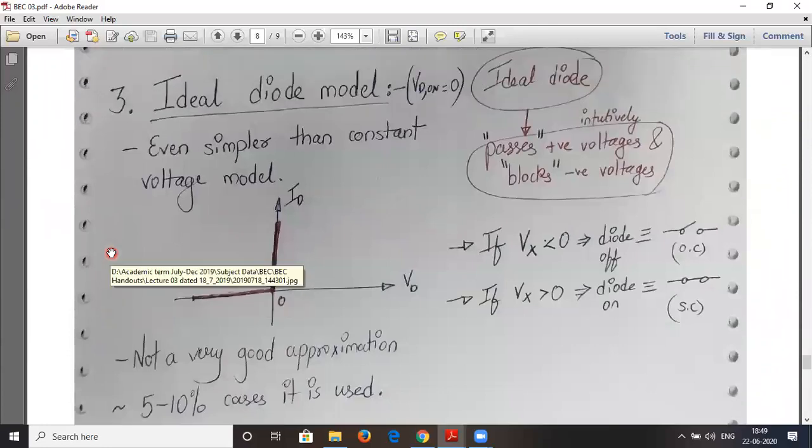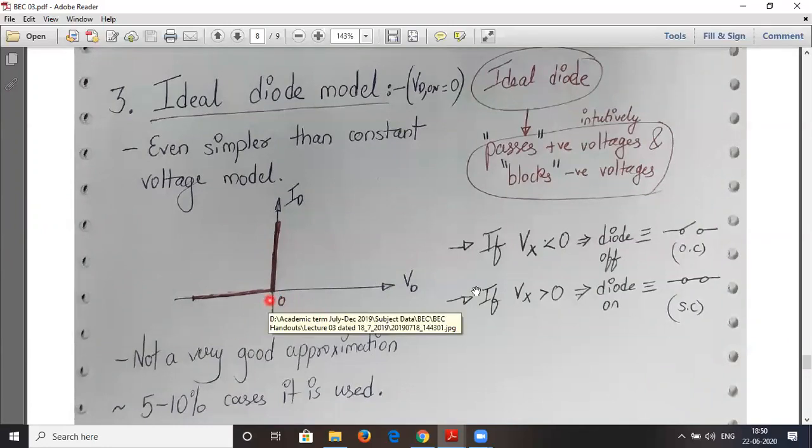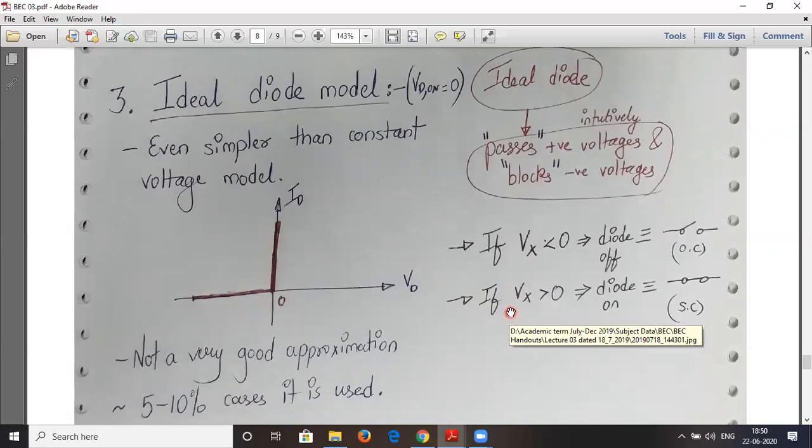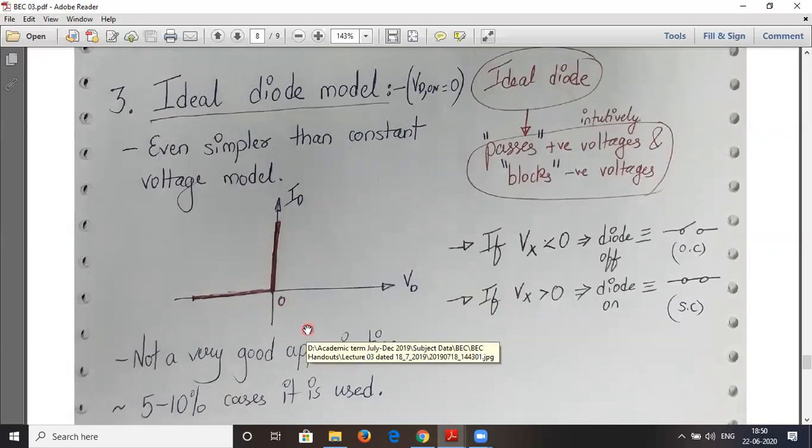ideal diode model. So what does the ideal diode model mean? It means if you have a diode, the diode is turned on whenever your VD is just greater than zero. Let's say that VD is just Vx voltage, or we can consider the diode voltage. Whenever the diode anode voltage exceeds the cathode voltage by zero, the diode will turn on and be represented by a short circuit.